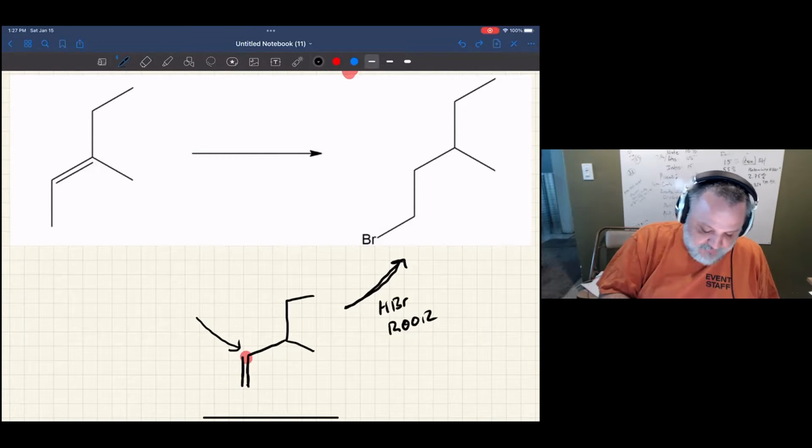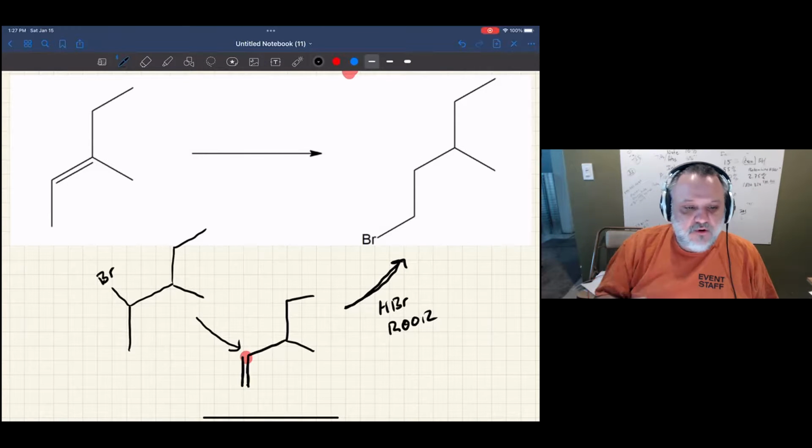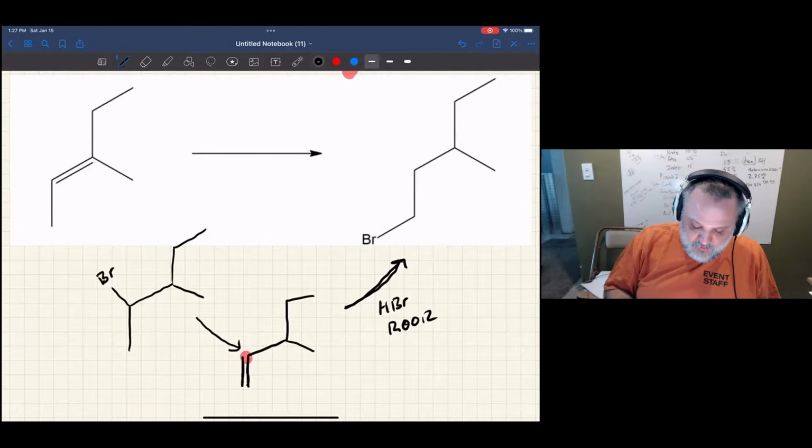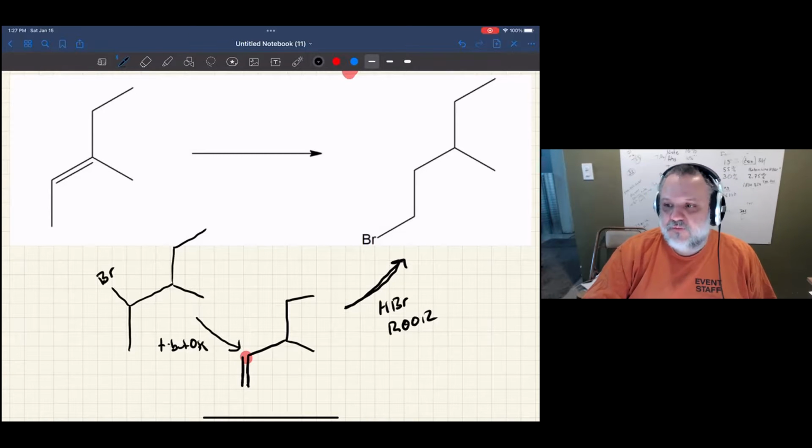I could have a bromine or another leaving group in that location, and then I could create a double bond there if I make the Hofmann product. I'd have to use something like t-butoxide.